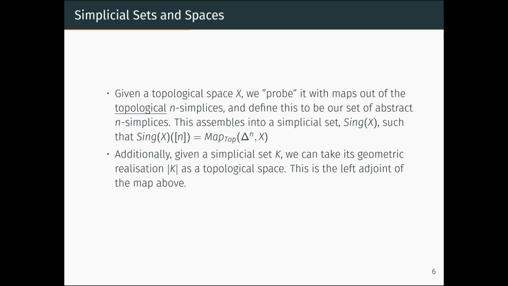This is the left adjoint to the singular complex, and the counit is a weak homotopy equivalence. So up to weak homotopy types, these things just correspond, which is quite nice.